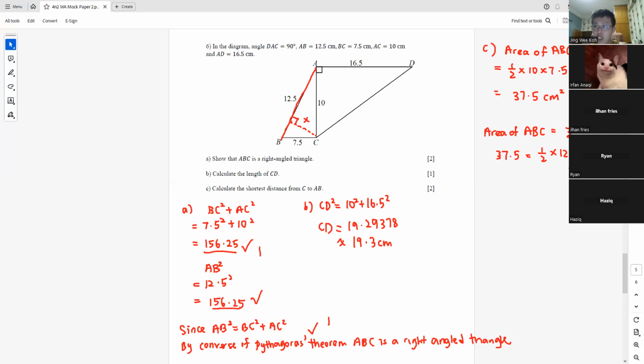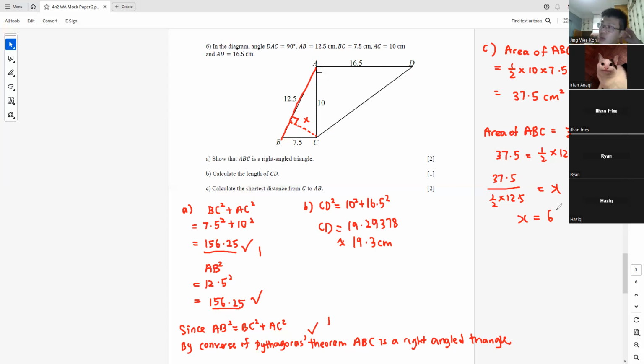Okay, so you see, to find x, I just take 37.5 divided by the half divided by the 12.5. Okay, press your calculator. x is just 6. So you can see I use another way to find my shortest distance.